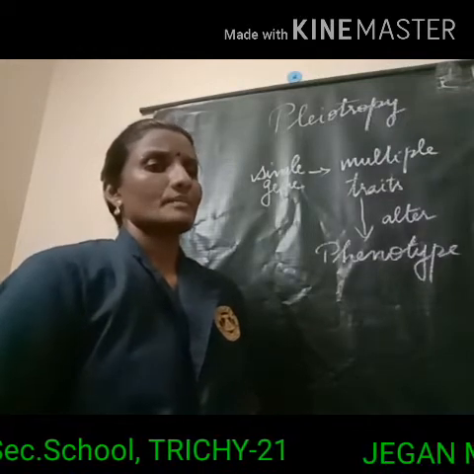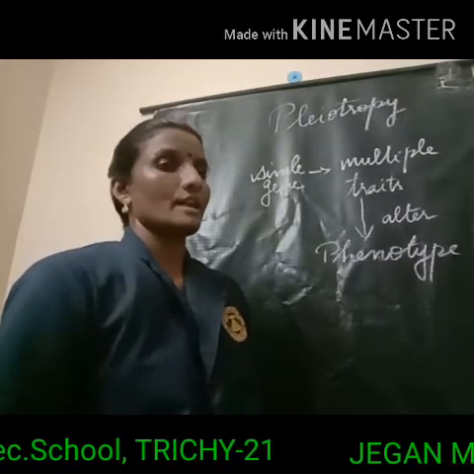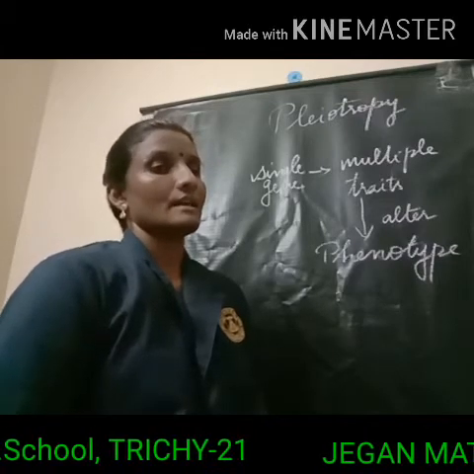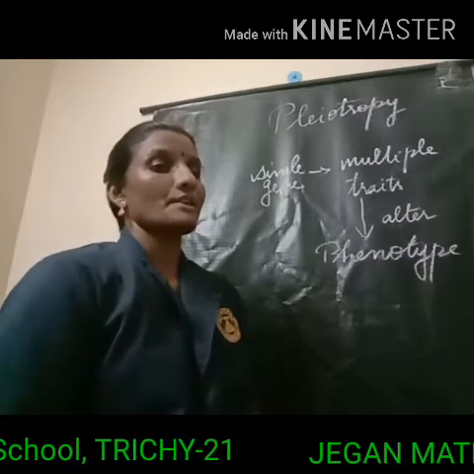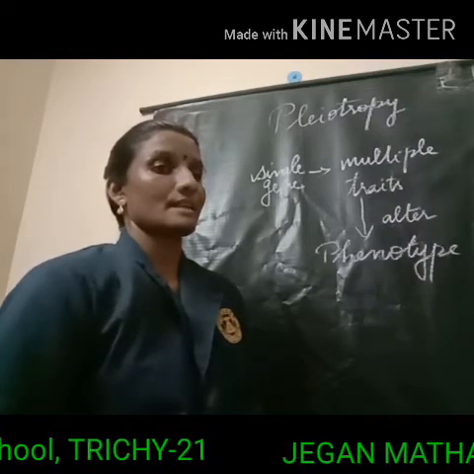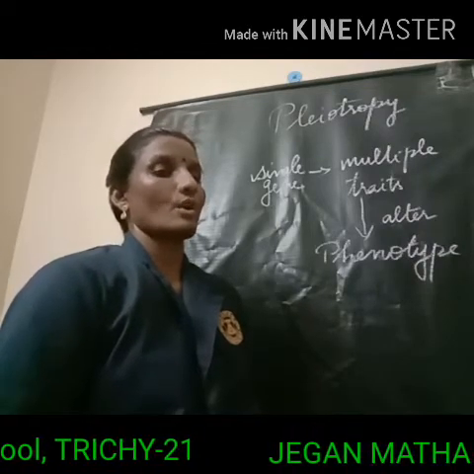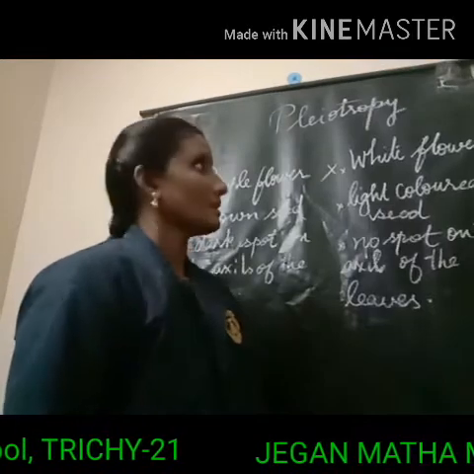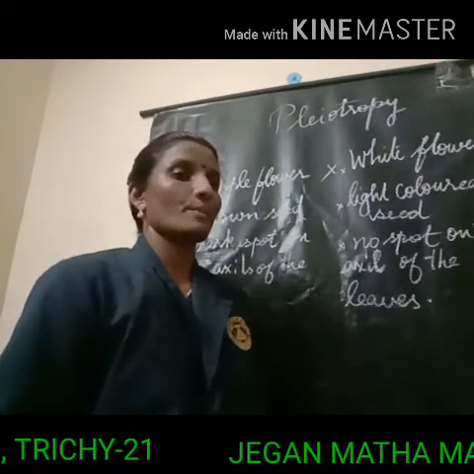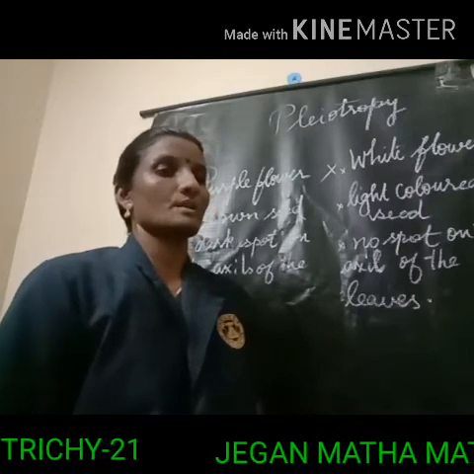The pleiotropic gene influences a number of characters simultaneously. Simultaneous means continuously, side by side. They will affect side by side, and such genes are called pleiotropic genes. Mendel noticed pleiotropy while performing breeding experiments with pea.